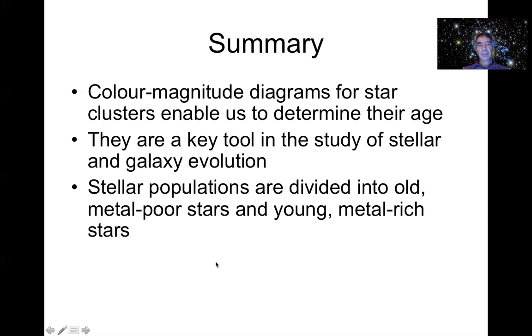And as we've just been discussing, we'll come back to this when we talk about the makeup of whole galaxies. We've got whole collections of stars, but you can divide these different populations of stars into old metal-poor stars, which is population 2, and the young metal-rich stars that are population 1.